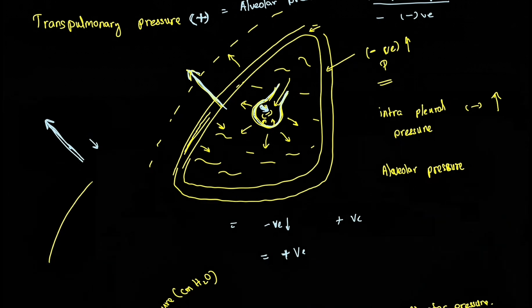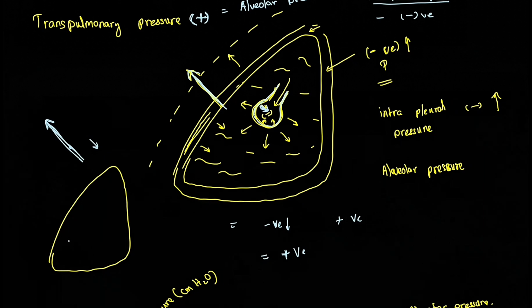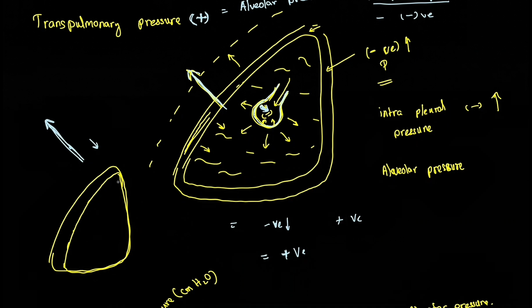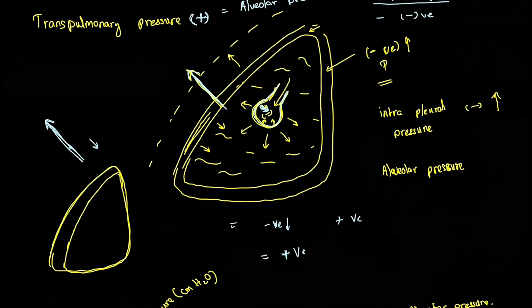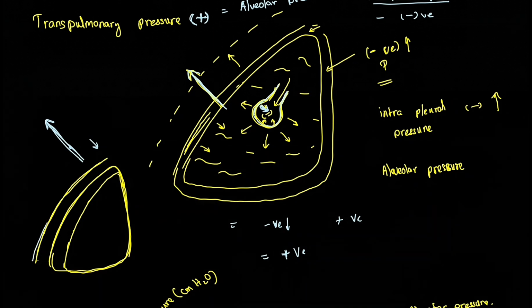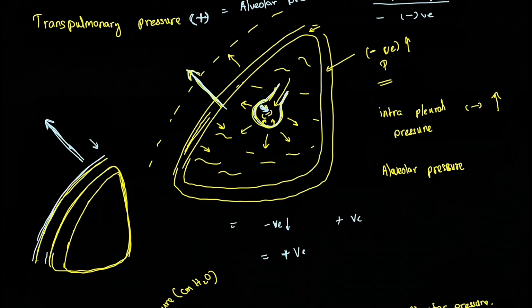So during inspiration, this is your lung at the initial stage, and during inspiration the lung expanded, and you have the pleura, the parietal pleura and the visceral pleura. This is your lung at the initial stage, and this is your lung at the end.